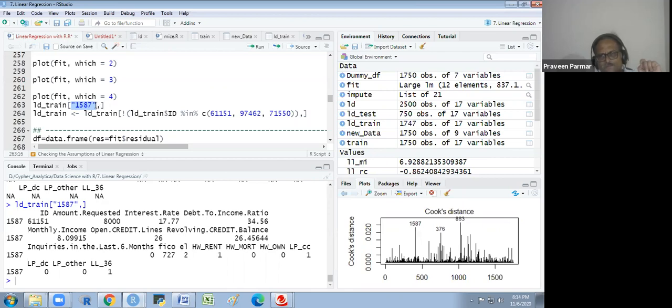So I will show you that it is between before 400 or before 500 something. So in the ID, if I show you that, 61154, I will search it.